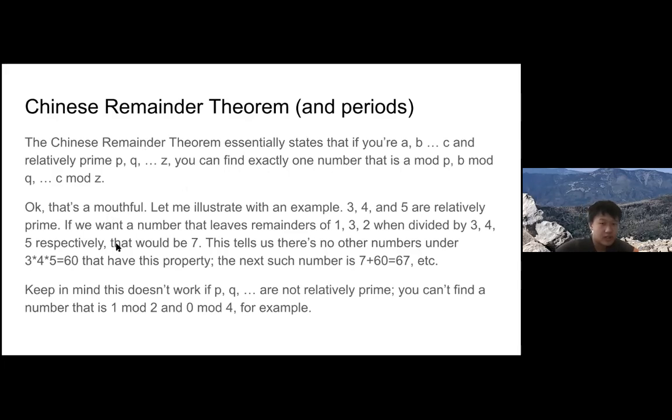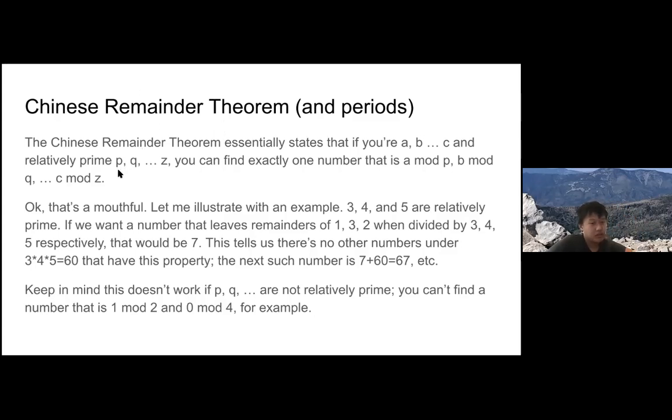Okay, let's move on. Chinese remainder theorem. I don't know why it's called Chinese, but yeah, this is a very powerful but a bit complicated theorem. Let's just go off of what this slide says.